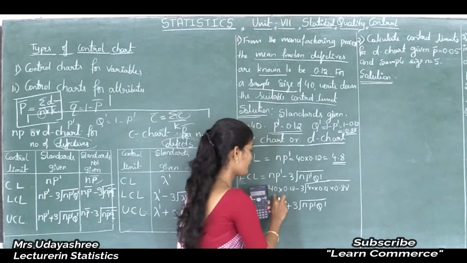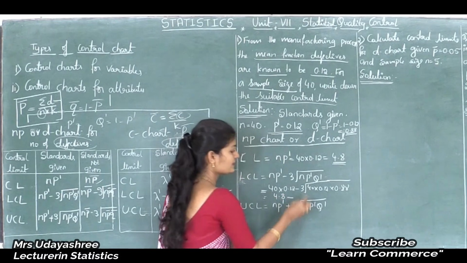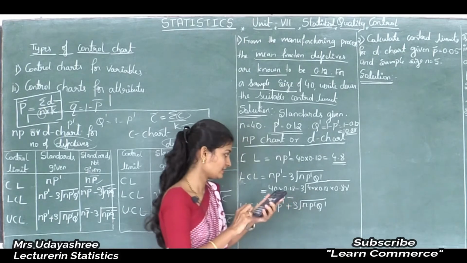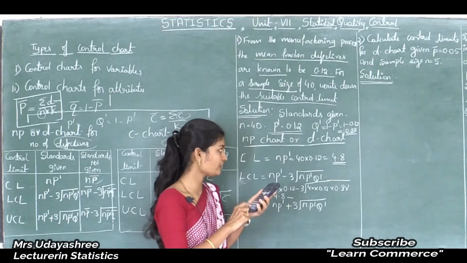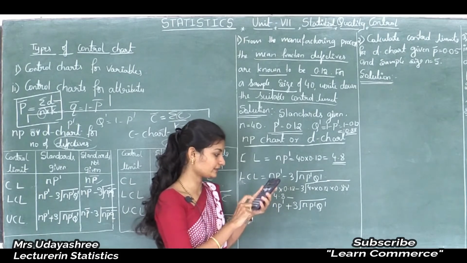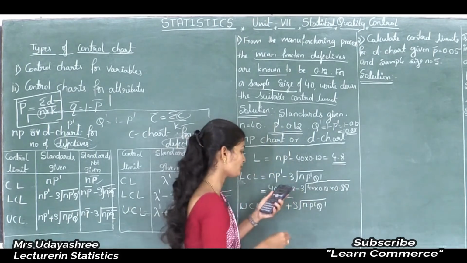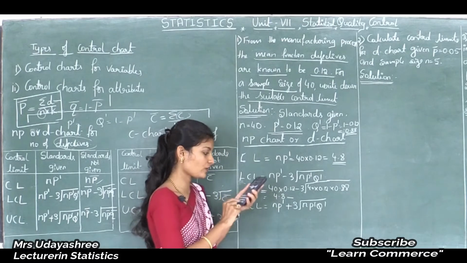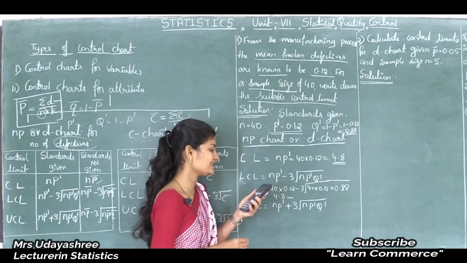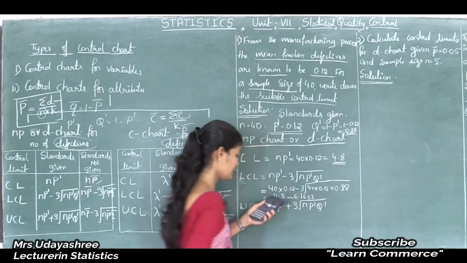This is equal to 40 into 0.12, that is 4.8, minus 3 into... before that I will multiply these observations, that is 40 into 0.12, that is 4.8, into 0.88, that is 4.224. Then the square root of that answer is 2.055, into 3, that is 6.1657.